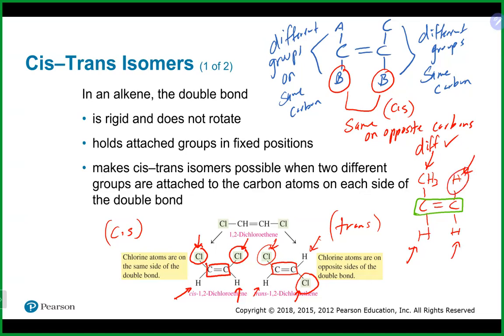Because there are two hydrogens, two groups that are the same on the same carbon, you cannot have cis or trans in this case. So make sure both carbons in the double bond have different groups. The same group needs to be on opposite carbons, either on the same side or opposite sides of each other. Any questions on that?